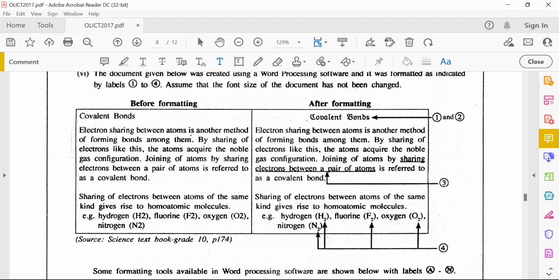Yes, two things have changed from 1 to 2. One is the font. Second one is it's centered, isn't it?